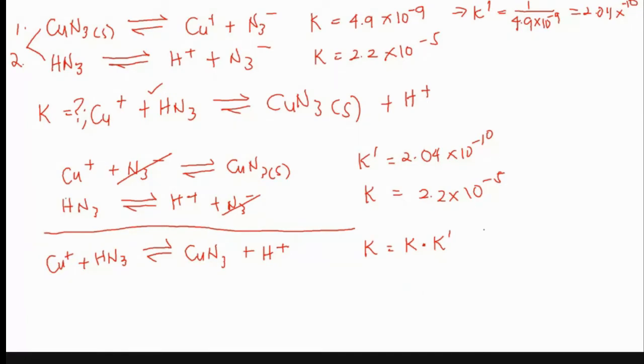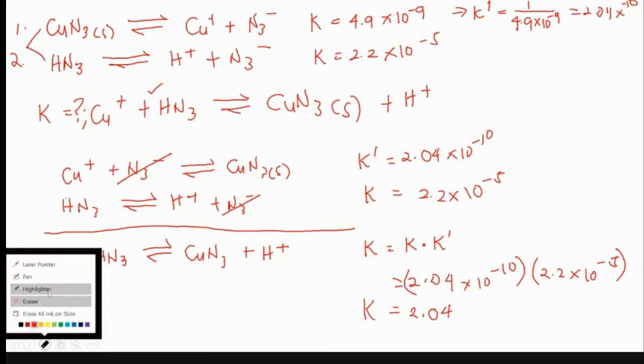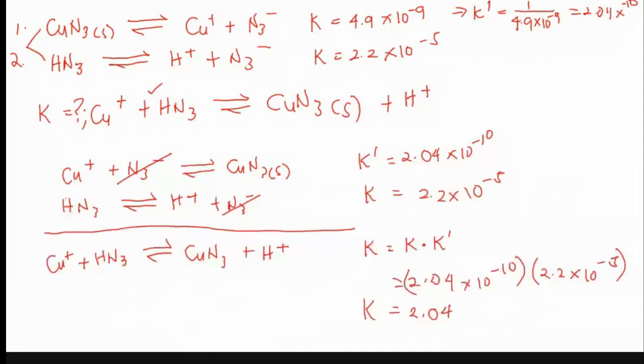So we have 2.04 times 10 raised to negative 10 times 2.2 times 10 raised to negative 5. Ano yung answer? Tama ba yung nakuha natin dun sa K prime? 1 divided by 4.9 times 10 raised to negative 9.